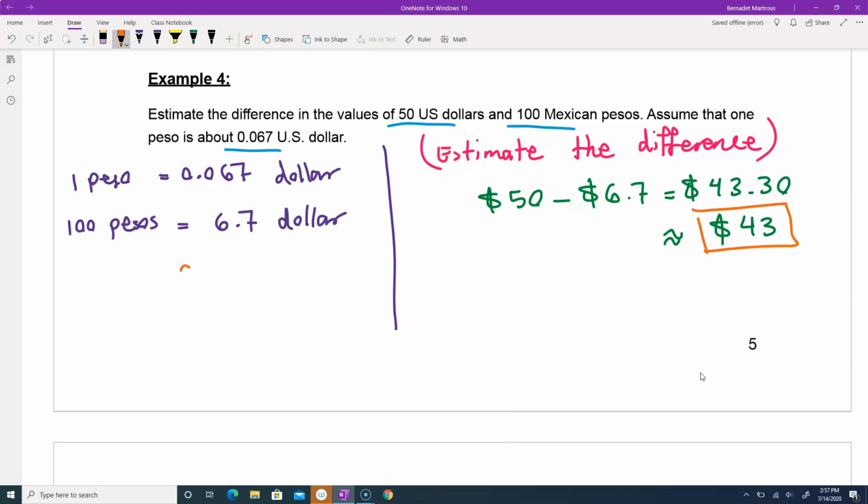Even if you round this one, this would be $7, and 50 minus 7 again is $43. So I didn't use that one, but if you round here, again you have the same answer. Using that one, you have $50 minus $7. This is an estimate because I already rounded on the output. Again, the answer is 43.